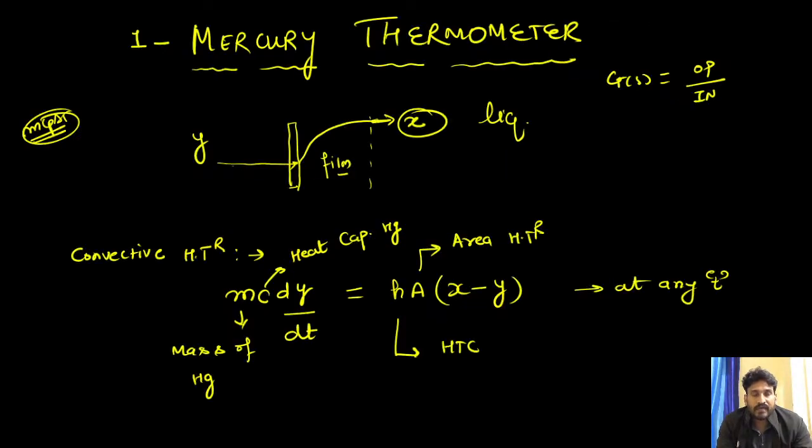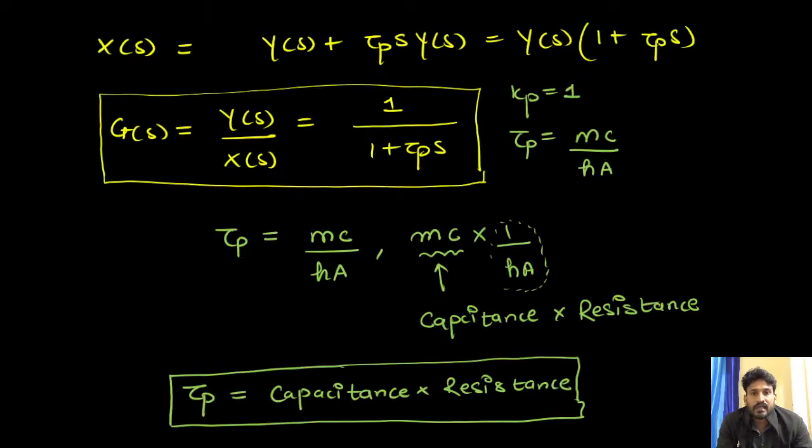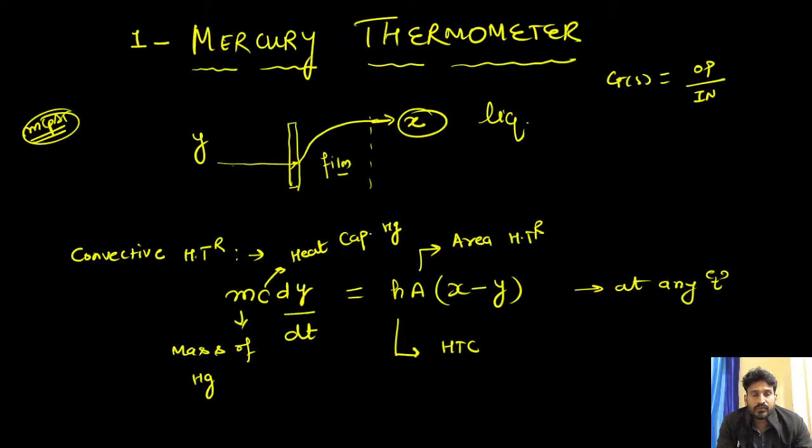After that we have discussed some examples of the first order system like mercury thermometer, and out of 3 to 4 examples, the main important thing for the GATE perspective is the value of Kp and tau p, right?